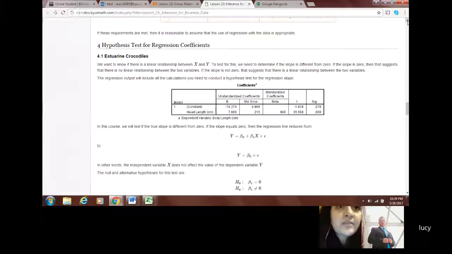We reject the null. So there's sufficient evidence to conclude that the slope of the regression line is not 0. Yeah, D.